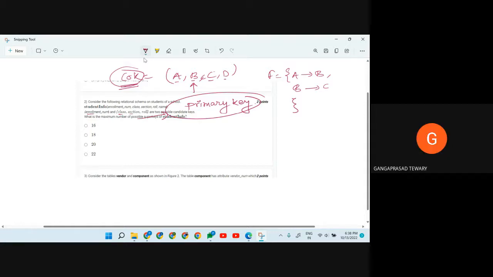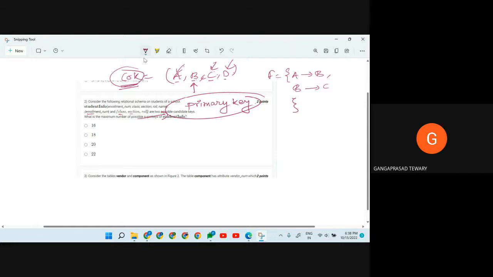But then what is the difference between the candidate key and the alternate key? All the keys which have not been selected as the primary key are known as alternate keys, right? At this particular instance, B is your primary key, then A, C, D are your alternate keys as well as candidate keys. So those two constraints are equally applicable for the candidate key also, that it should not be null and it should not be repeated.